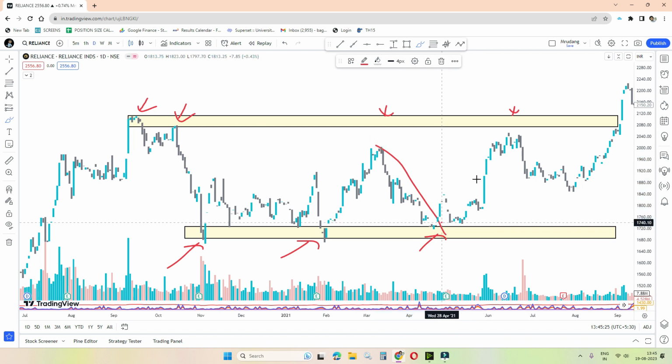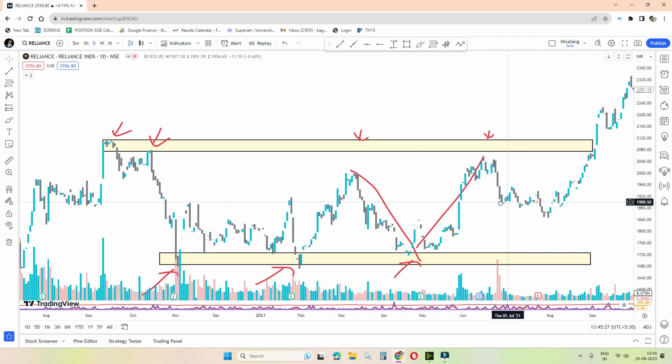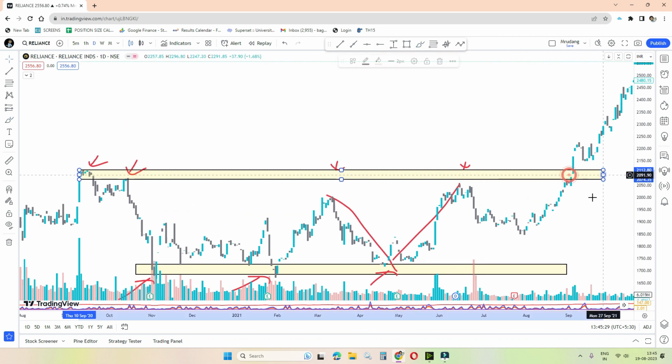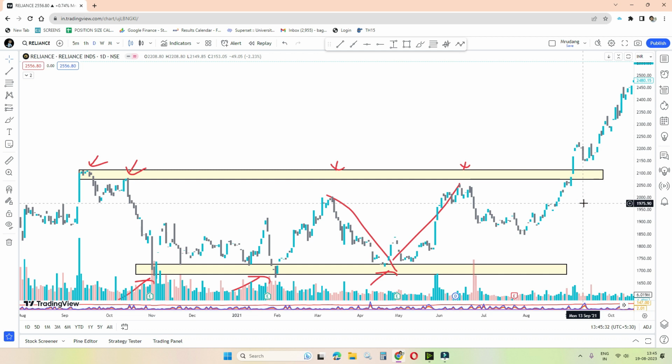You could buy here for the target up to here. So this is the general idea, but we are mostly breakout traders. I am mostly a breakout trader. I don't try to trade pullbacks. I just buy high and sell higher, or sell low and sell lower. So I am just an aggressive trader.